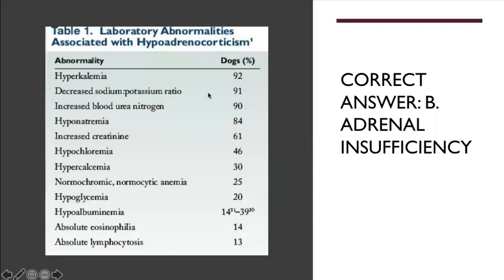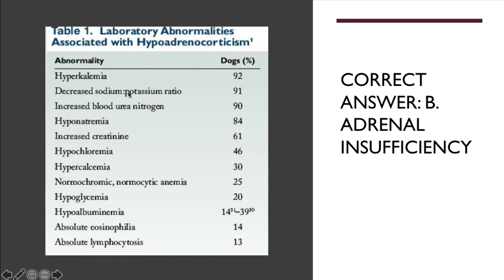If we look at what happens in adrenal insufficiency, the lab results are usually not normal. When you have adrenal insufficiency, the first thing in your labs is hyperkalemia. A decreased sodium to potassium ratio is also common.